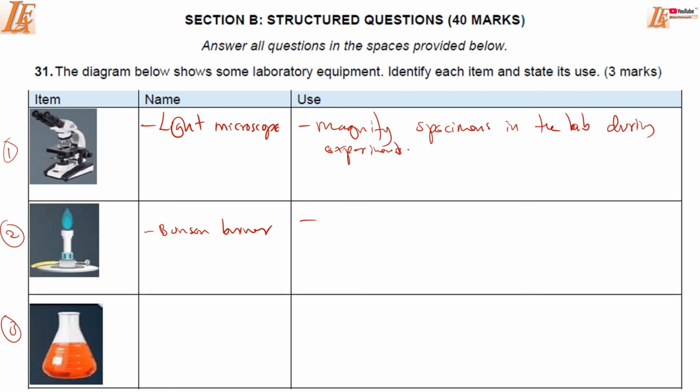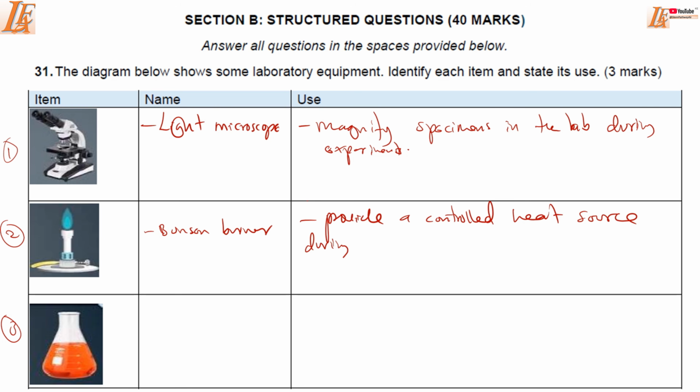And the function of the Bunsen burner in the lab is that it's used to provide a controlled heat source during experiments.